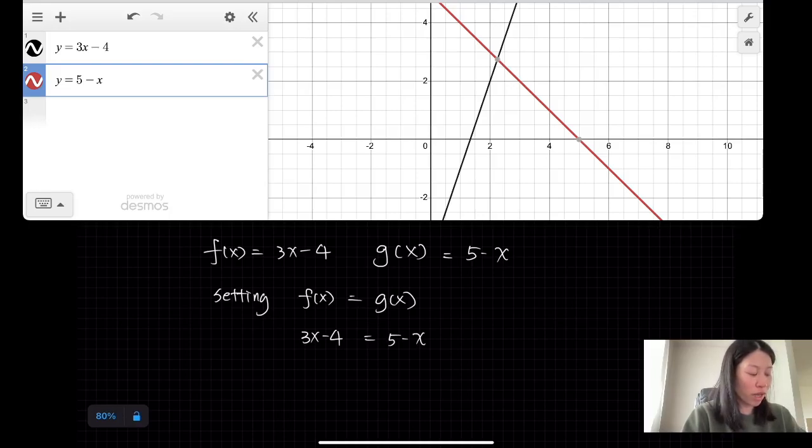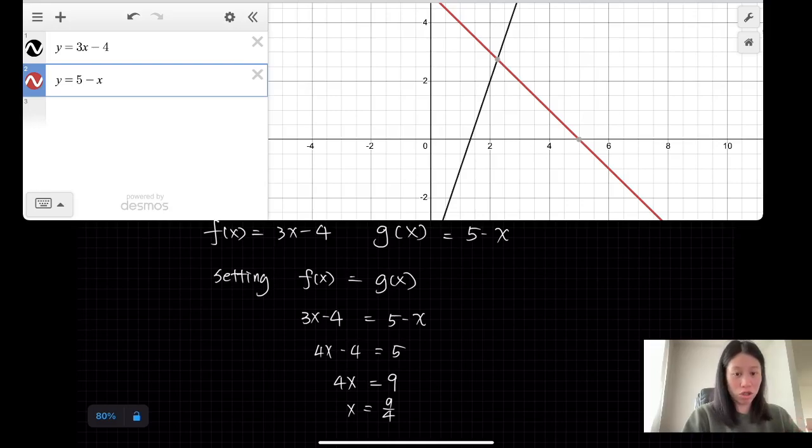Then I solve for x by adding x on both sides: 4x minus 4 equals 5. Then add 4 on both sides: 4x equals 9. So x is equal to 9/4, which is 2 1/4.